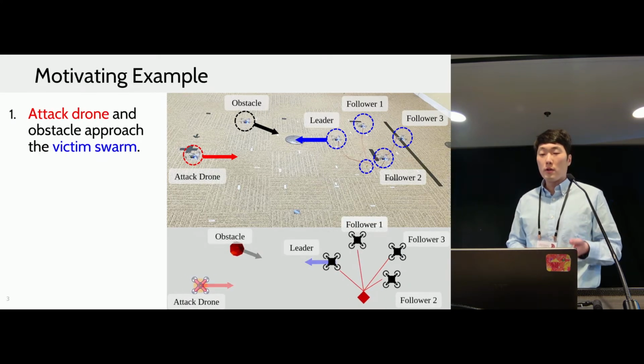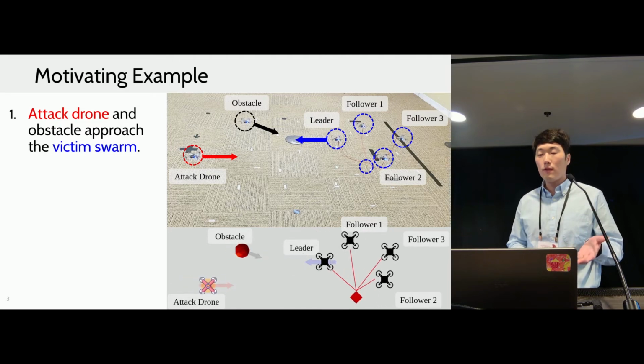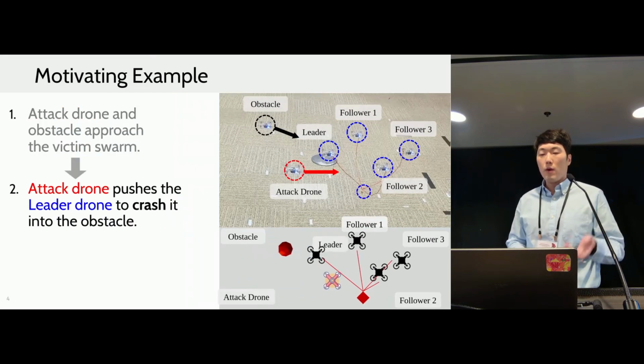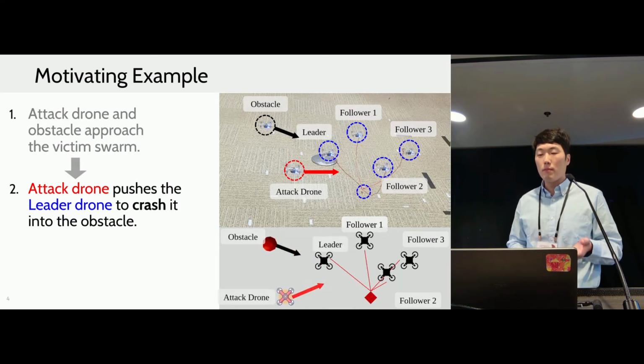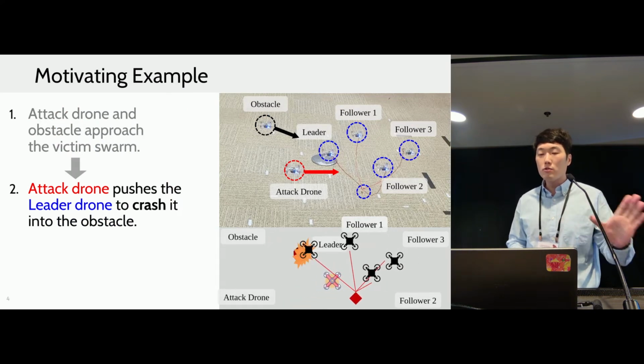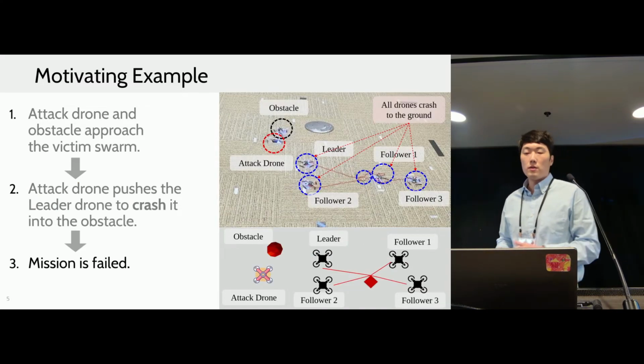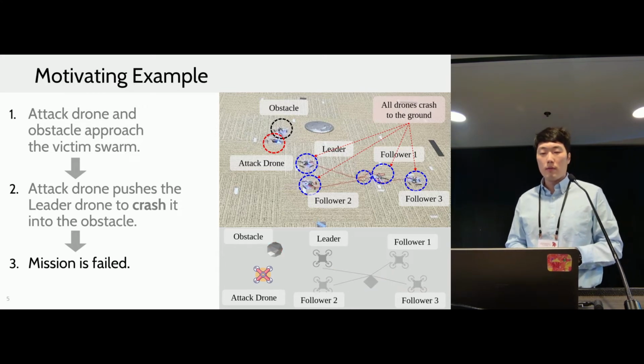What the adversary does is initially fly the attack drone toward the incoming victim swarm. When it gets close to the swarm, it essentially puts the leader drone at an angle that it crashes into the obstacle.